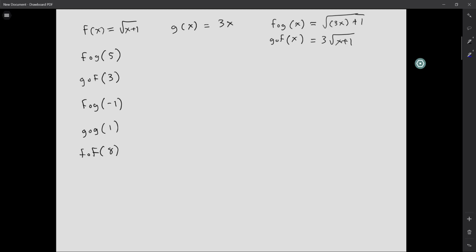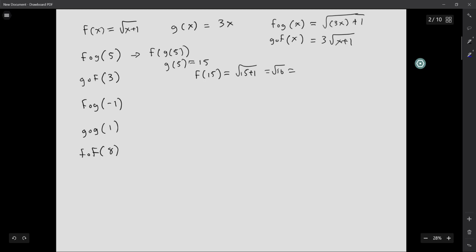But another way to attack this is to say, well, look, this is f of g of 5, and then I'll just say that g of 5 is equal to 15, and then f of 15 is equal to the square root of 15 plus 1, which is square root of 16, which is 4.